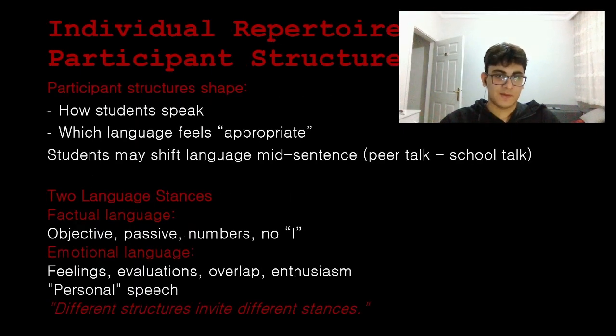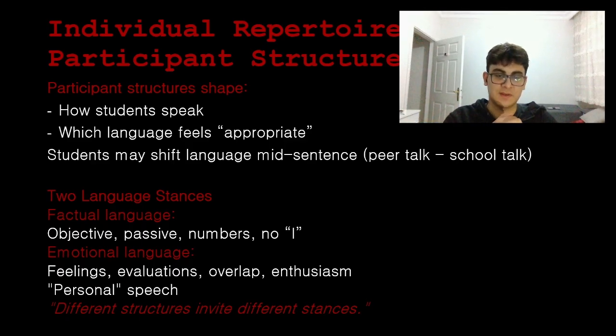And next we have individual repertoires within participant structures. The participant structures we mentioned shape how students speak, which language feels appropriate, like peer talk or school talk, which can go from more personal and emotional to factual and formal.